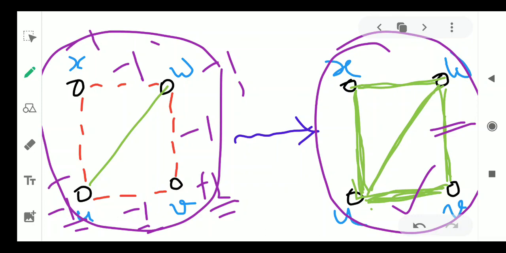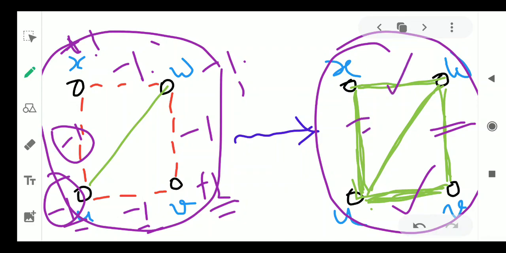Then this minus 1 into minus 1 into, sorry, this must be plus, this must be plus, because minus 1 into plus 1 is plus.